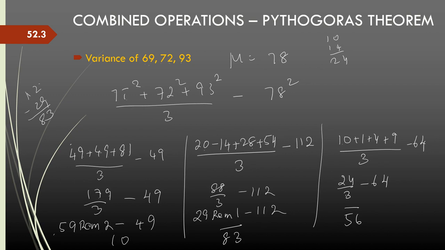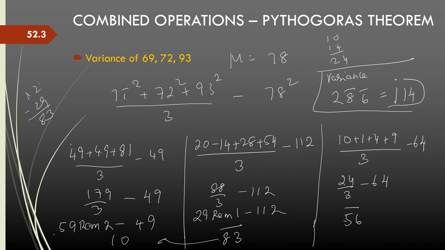So the variance is, now each part can only have one digit, so these digits will pass. So minus 8 will go to the right, so this minus 8 goes here, and this becomes 2. Then minus 5 comes here, bar 8, and then there is bar 6, which is nothing but 114. So 114 is the variance of the given numbers.